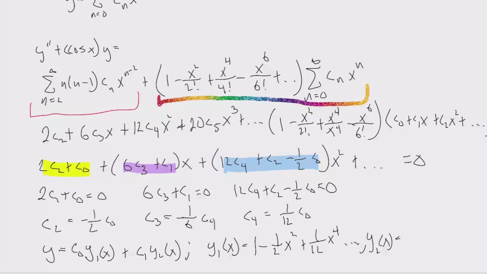It would look something like x minus 1/6 x cubed plus, and this one I don't even have on the screen, I'm just going to give it to you, 1/30 x to the 5th, dot dot dot.